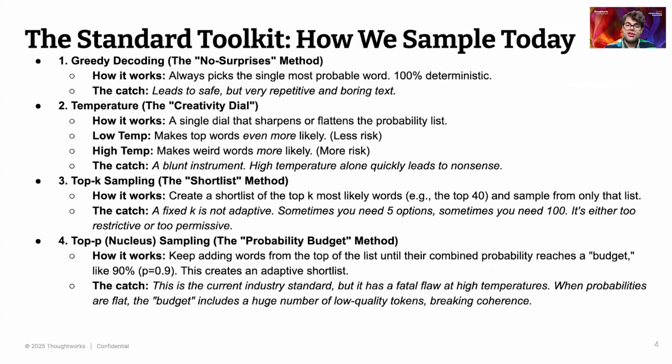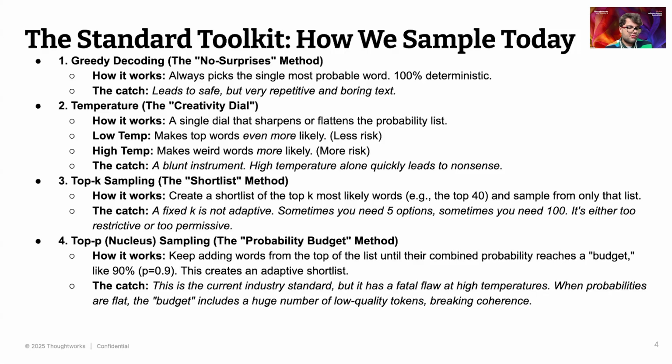And this is good in a sense, because it means that even if we start setting temperature high, in a lot of cases we maintain coherence when K is very low. But this is not adaptive, because the model tells you through this probability distribution when it's very sure of itself and when it's unsure of itself.